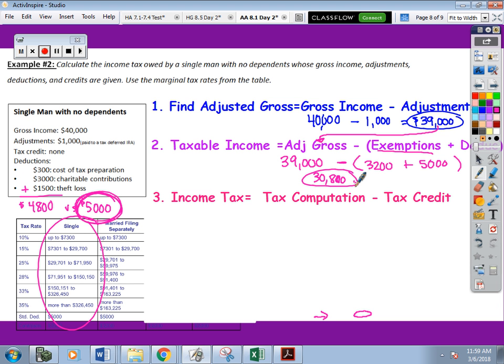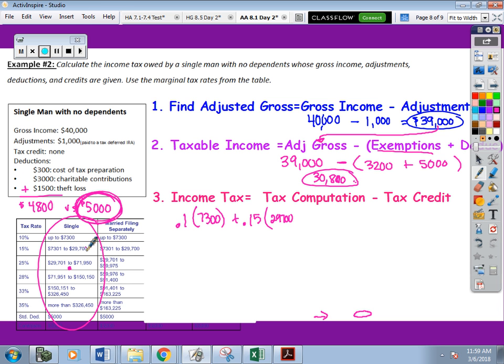So 30,800 again is going to fall somewhere in here. So my calculation is going to be really similar except the last number is going to change. So we're going to have 10% of 7,300 plus 15% of this total amount.